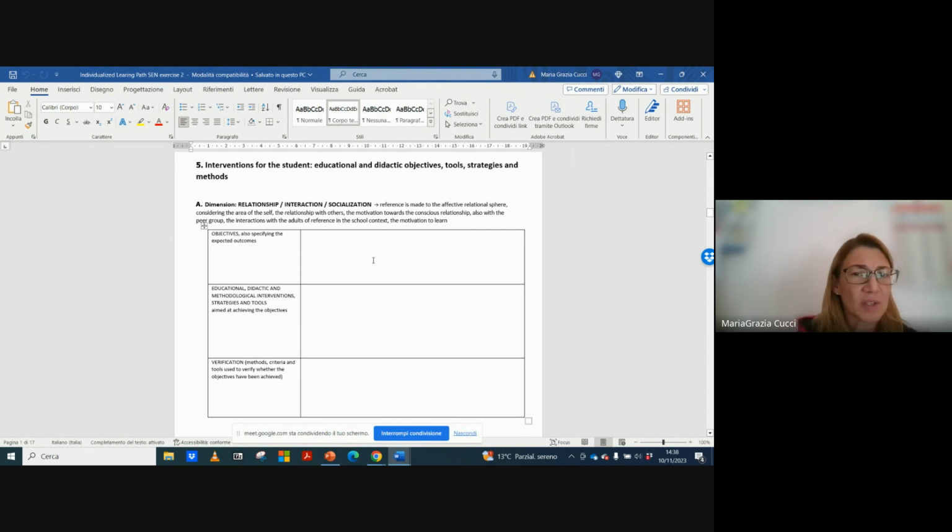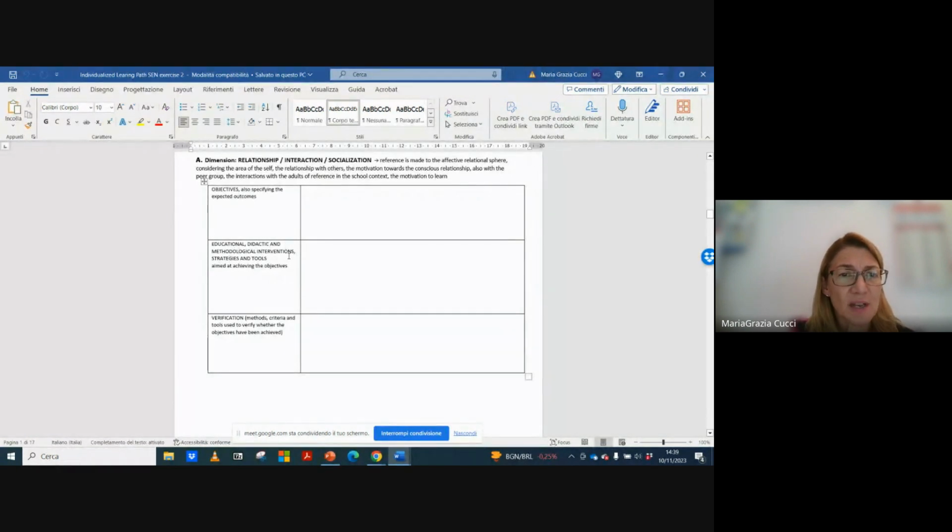So we can notice that we have achieved the objective, for instance, with better marks in our subject, but also with more active participation in class, but also with a different general behavior of the student towards the others and towards the teachers group.